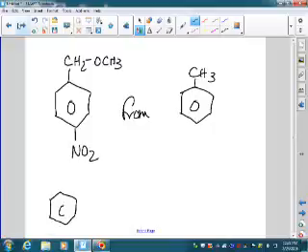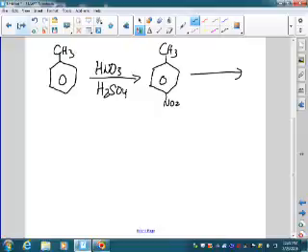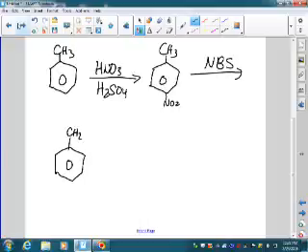Okay, so we're starting with toluene. What are you doing to it first? Yeah, but we might as well just go ahead and put our nitro on, because we need that nitro para. So let's just do that and then deal with our methyl. What do we need to turn it into a CH2Br? NBS. NBS replaces a benzylic hydrogen with a bromine.